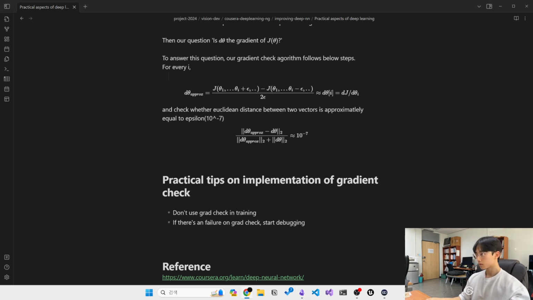What I mean by that is if d theta approx is very far from d theta, what I would do is look at the different values of i to see which are the values of d theta approx that are really very different from the values of d theta.